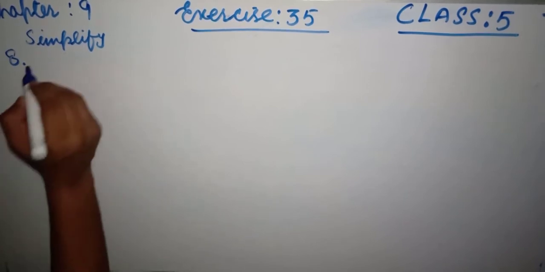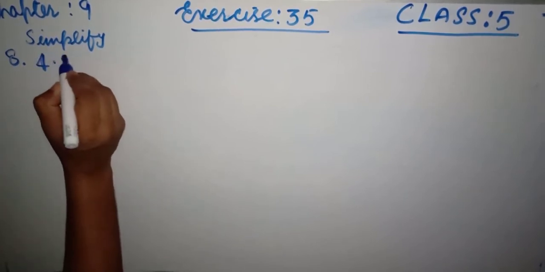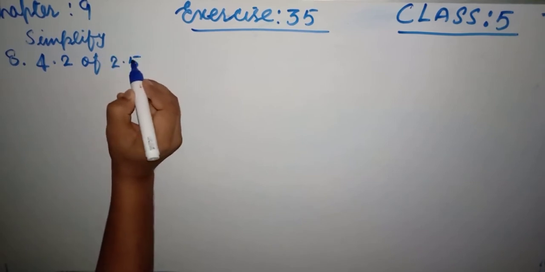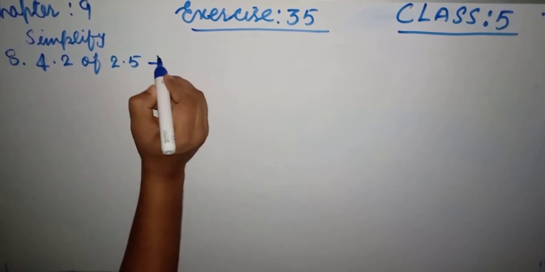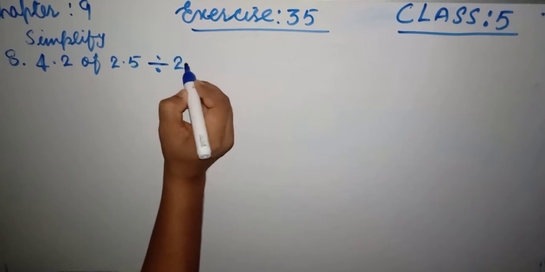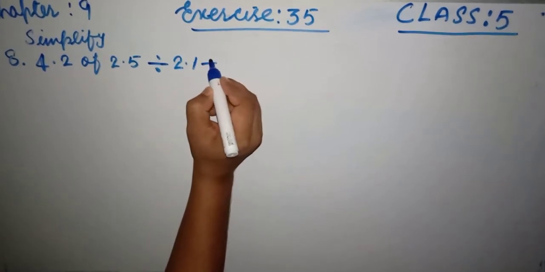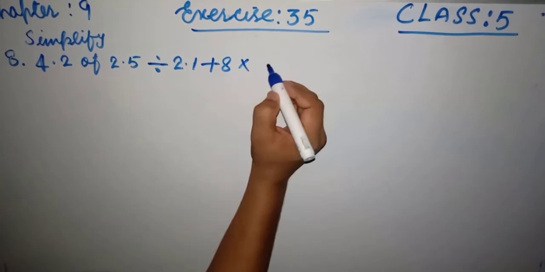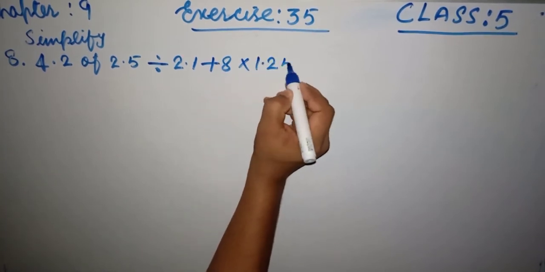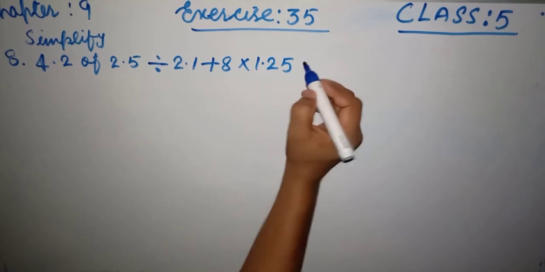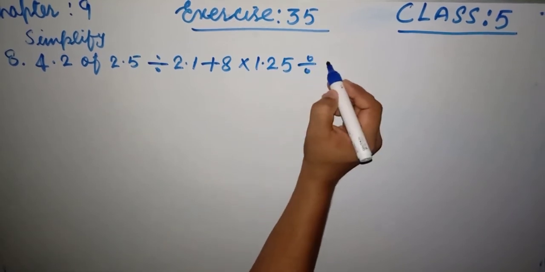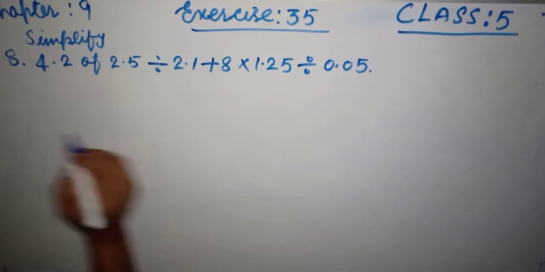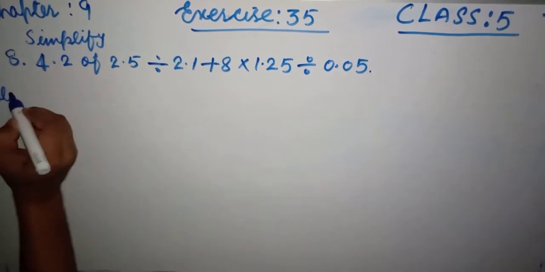Simplify, and question number 8 is 4.2 of 2.5 divided by 2.1 plus 8 multiplied by 1.25 divided by 0.05. Now see friends, solution.